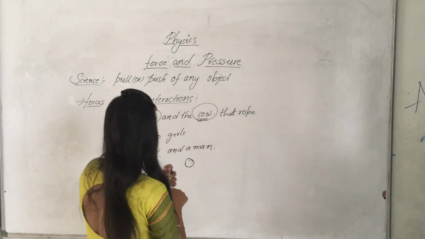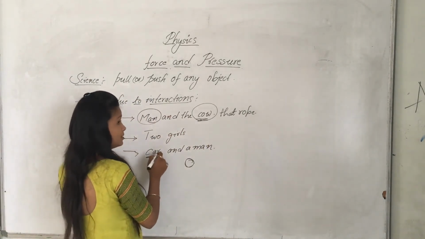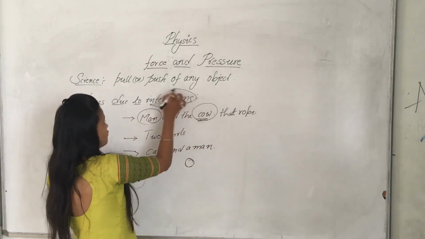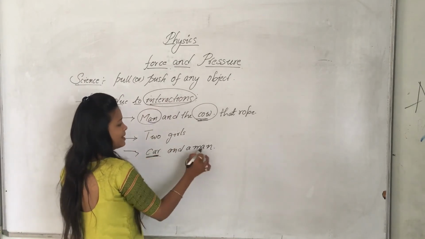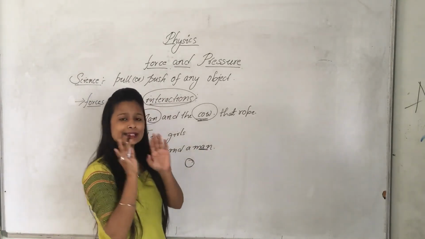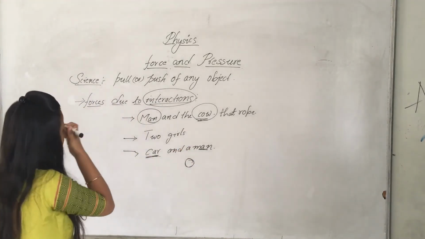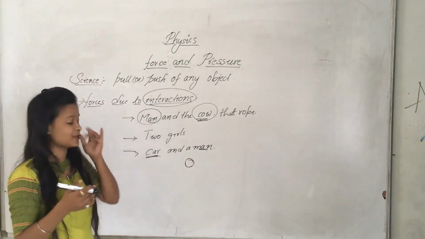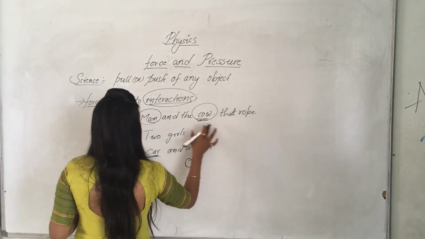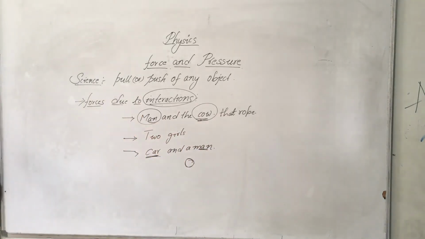So that is the force of attraction between the car and the man pushing from the back to start the car. Okay, hope you understood the meaning of force due to attraction, right? The man and a cow, that rope will have the attraction, is the second and third example.